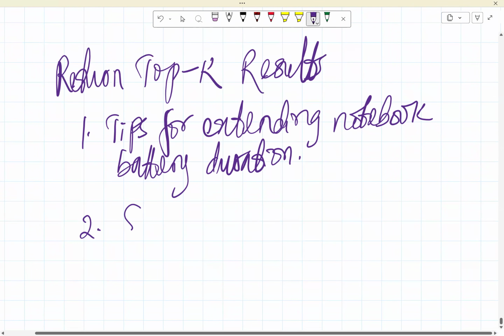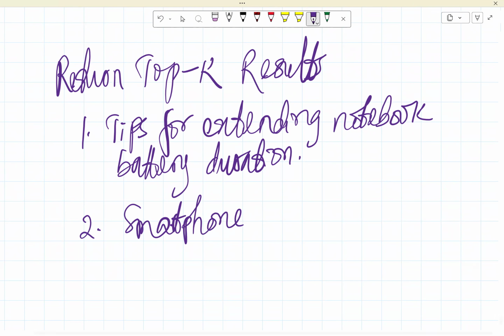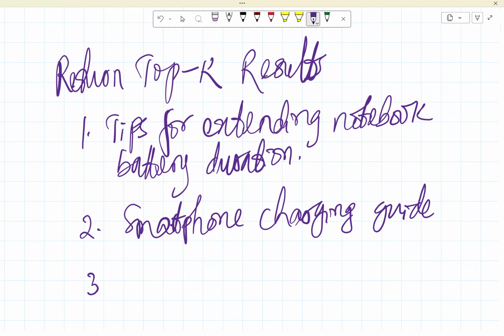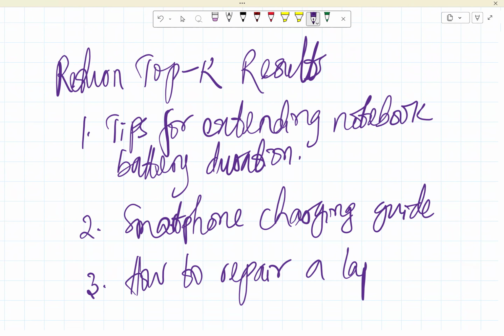Number two, smartphone charging guide. And three, how to repair a laptop screen.